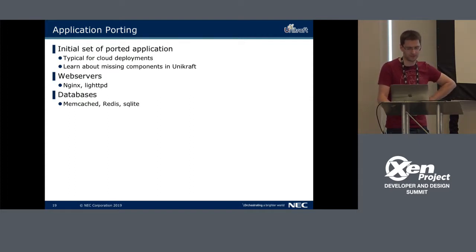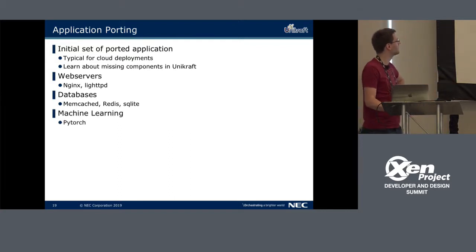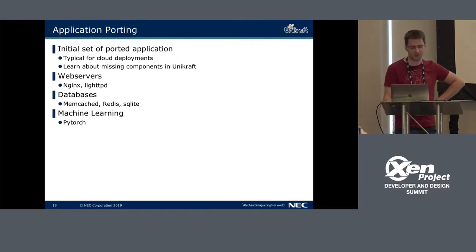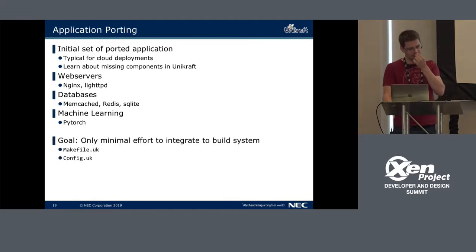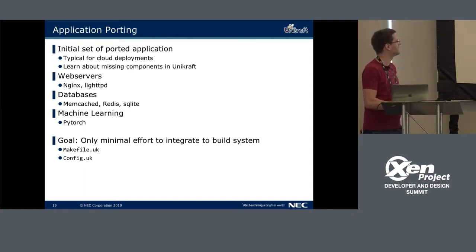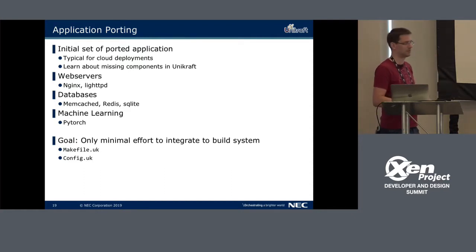Then databases, we looked at Memcached, Redis, SQLite. And this looks a bit more far-fetched, but we also looked into machine learning frameworks like PyTorch. We do all of that in order to understand and lower the burden further, so that the effort for someone porting a new application is as minimal as possible.